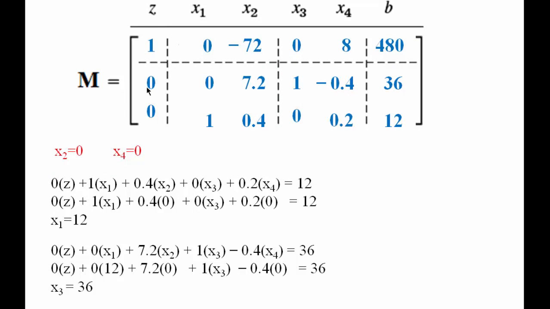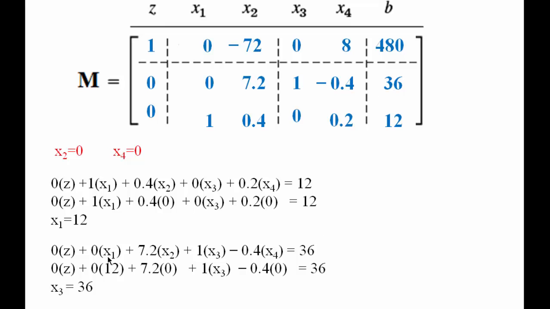And here we have 0 multiplied by z, 0 multiplied by x1, and 7.2 multiplied by x2, and 1 multiplied by x3, and minus 0.4 multiplied by x4 equals 36.